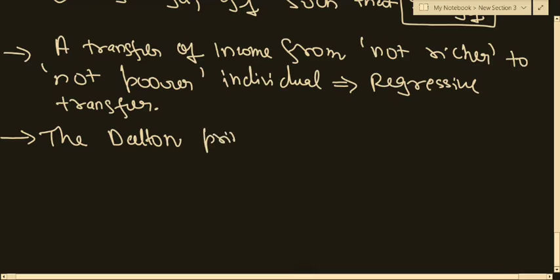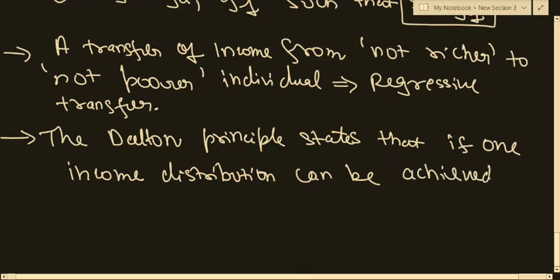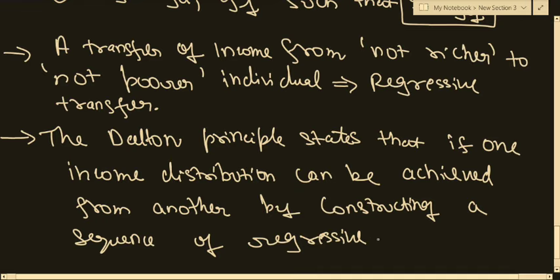Okay, so the Dalton principle states that if one income distribution can be achieved from another by constructing a sequence of regressive transfers, where we're transferring income from not richer to not poorer, a series of regressive transfers, then the new income distribution is more unequal.